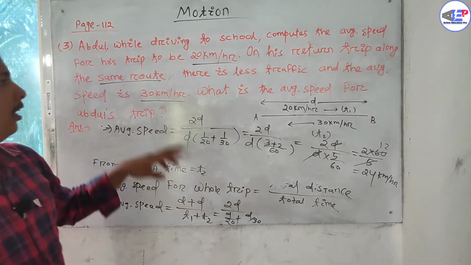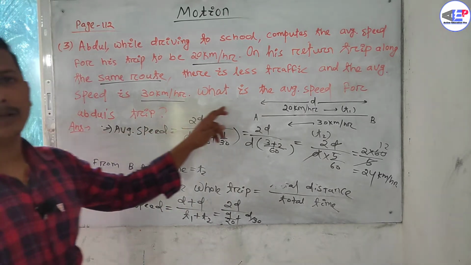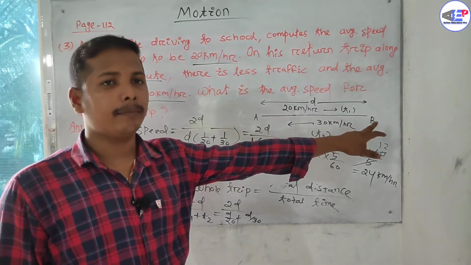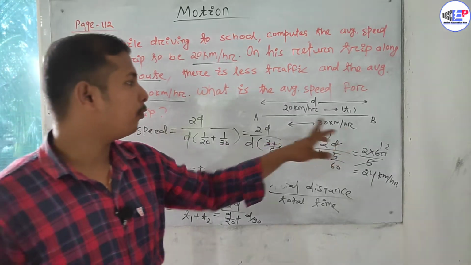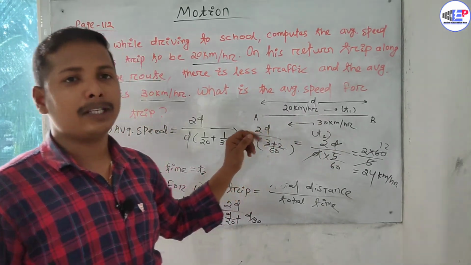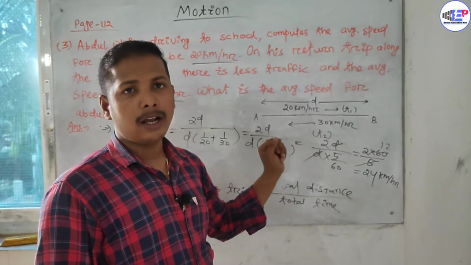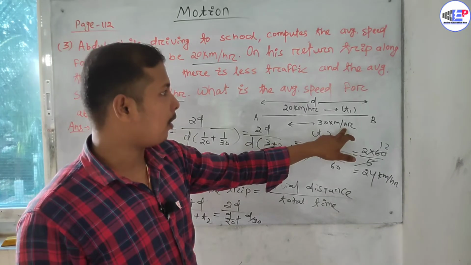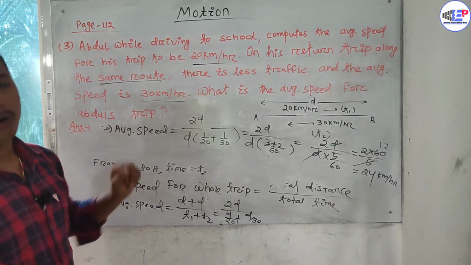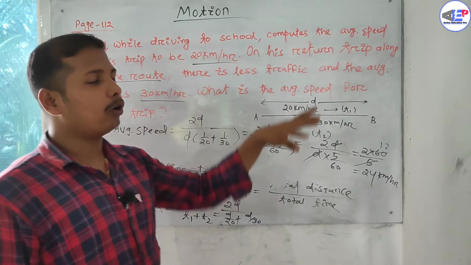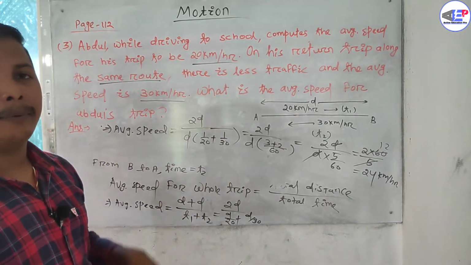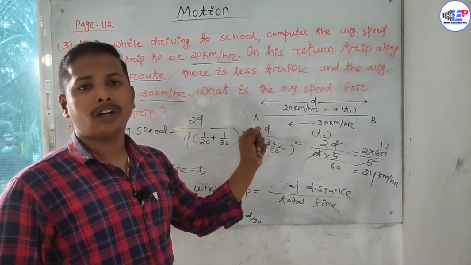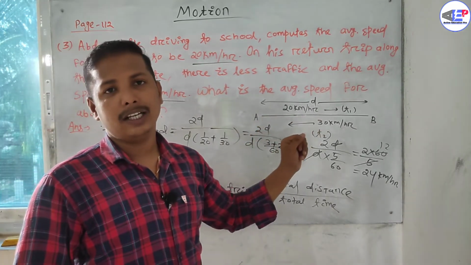I am repeating. Here we have to find out the average speed for the whole journey. The question is given that Abdul goes from point A to point B and returns from point B to point A. From A to B its average speed is 20 km per hour, and from B to A its average speed increases to 30 km per hour as the traffic is less. We know that average speed is total distance covered by total time, but here the distance and the times are not given.